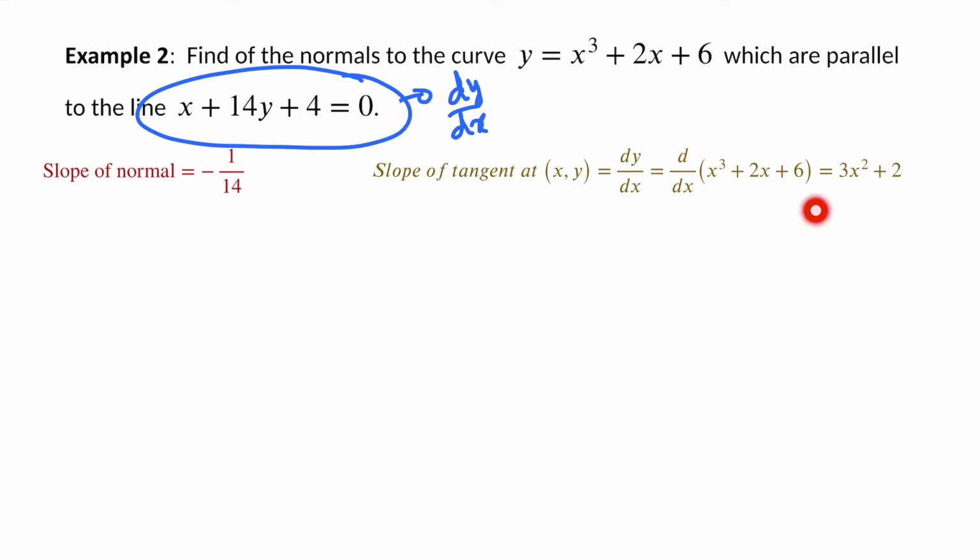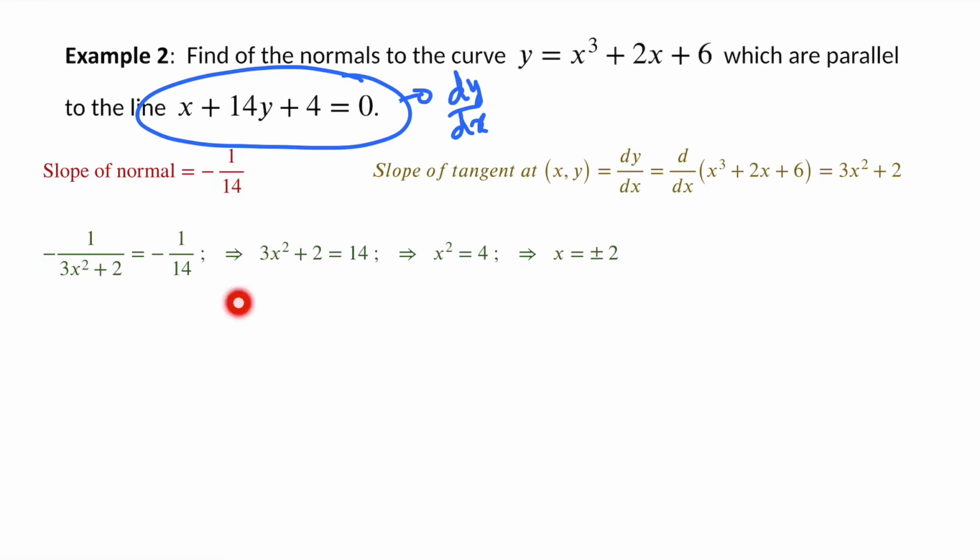So we calculate the expression for dy by dx. That's pretty straightforward again, and we know that the slope of the normal at a point x, y would be minus 1 divided by the slope of the tangent. So we have got the mathematical expression for that, which is minus 1 by 3x squared plus 2, and we equate that to the slope of the normal that we know already.